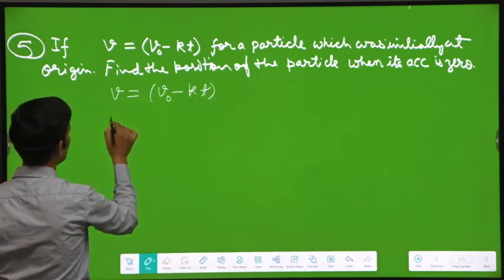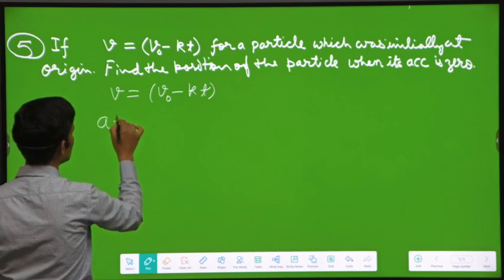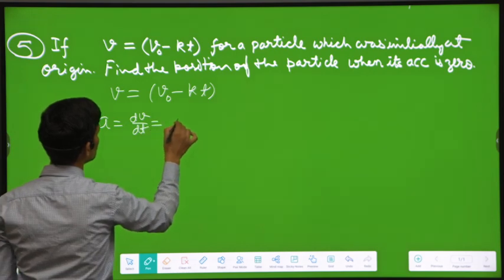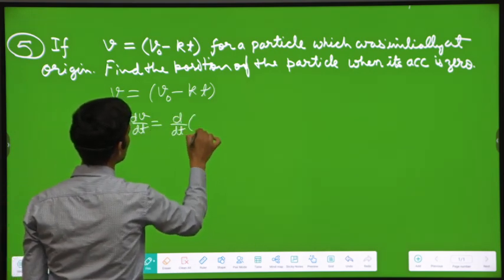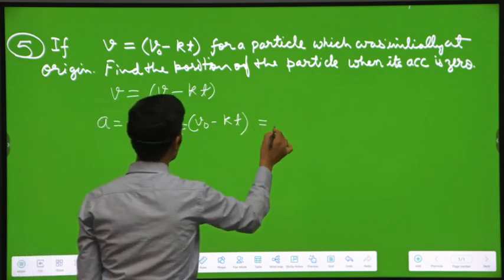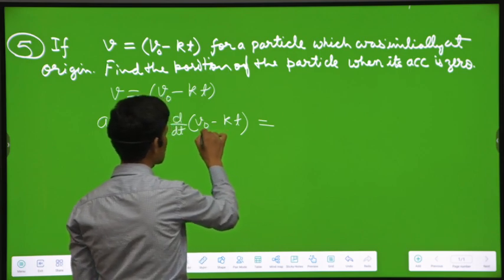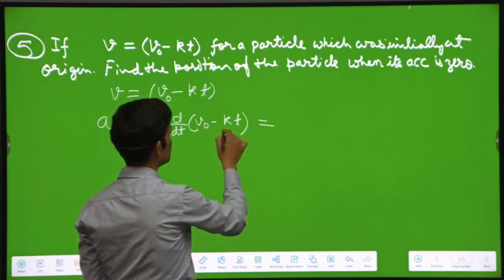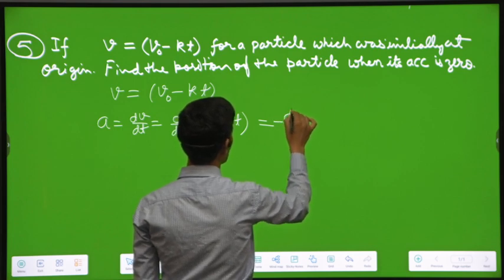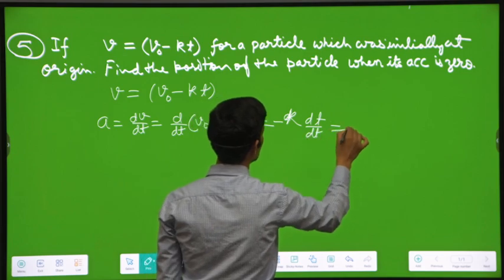So first differentiate it. Differentiate the velocity, then we will get acceleration, dv by dt. So it is d by dt of v naught minus kt. That will be, differentiation of this constant term is 0, then minus k will be taken outside, dt by dt, which is minus k.